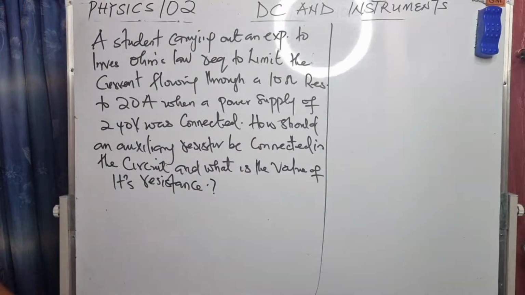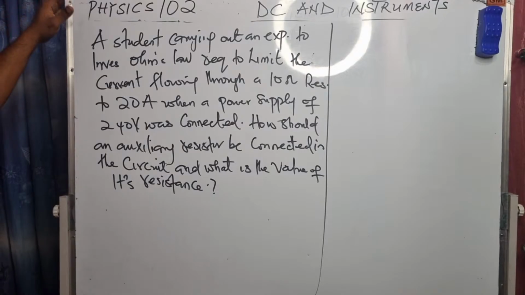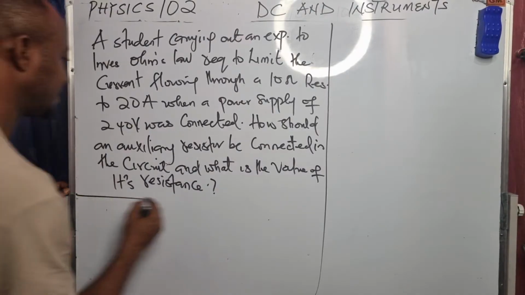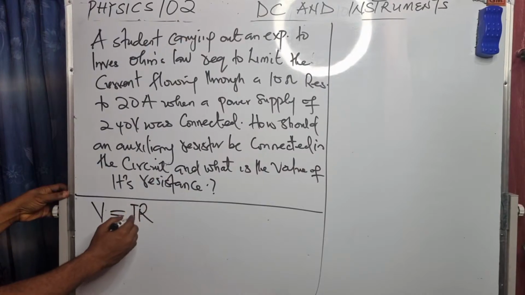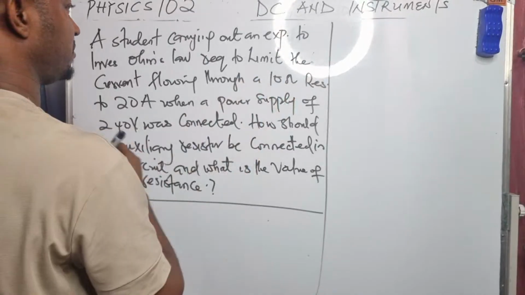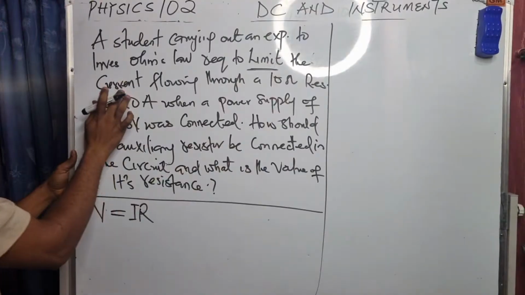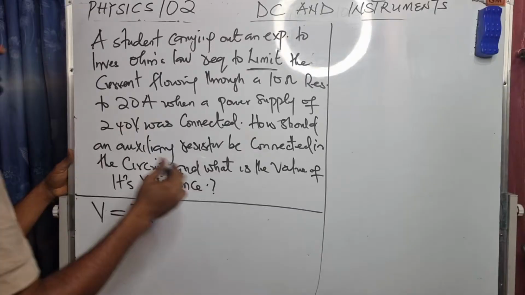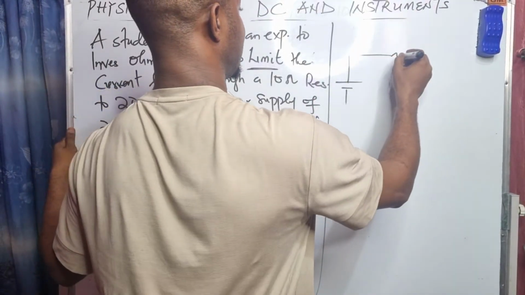Let's look at this question here. A student carrying out an experiment to investigate Ohm's law. When I say investigating Ohm's law, what comes to our mind is V equals IR, right? To investigate Ohm's law, required to limit, please mark the word limit. Limit means to reduce, to limit the current flowing through a 10 ohm resistor to 20 ampere. I have a cell, and I have a resistor here.